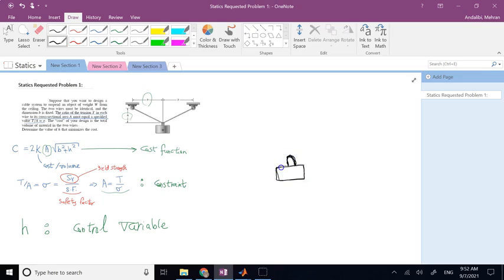And if I draw the free body diagram of this guy, I have a W, and then I have two tensions, T and T. And let me call the angle that each one has with horizontal axis theta. So theta is this angle here.